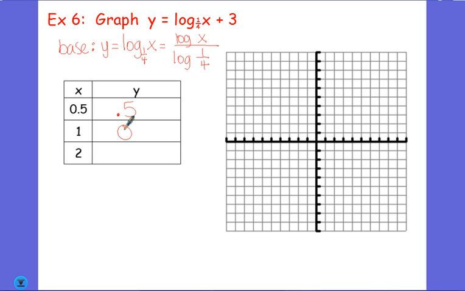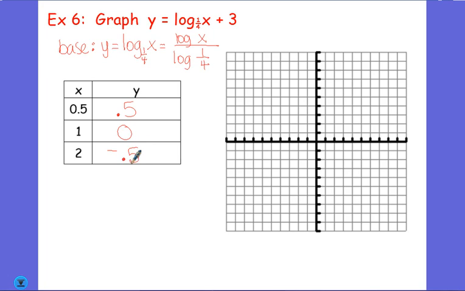You should get 0. Last one in your calculator. Log 2, close parentheses, divided by log of 1/4. And you should get negative 0.5.